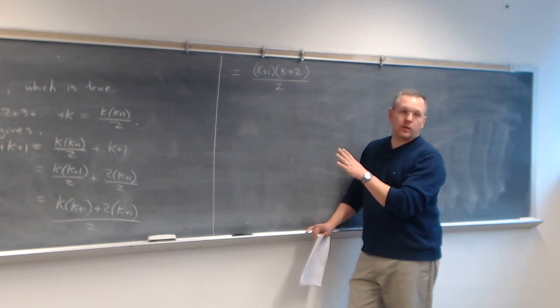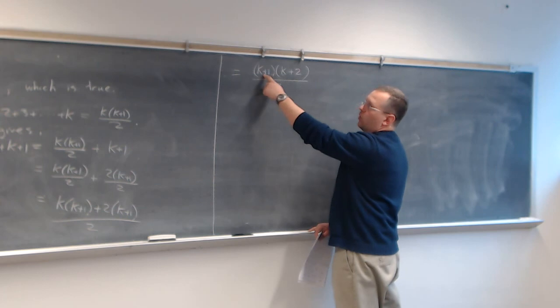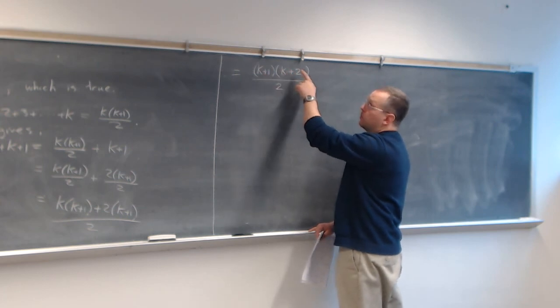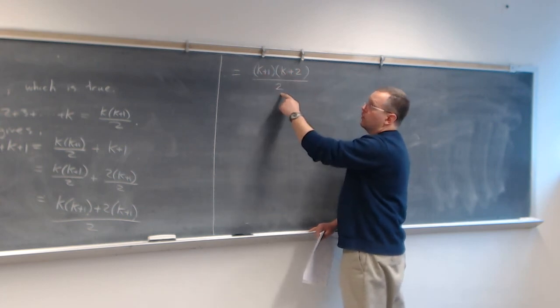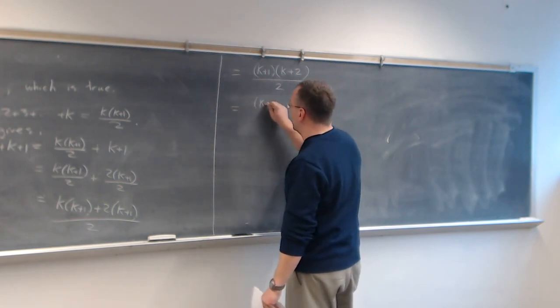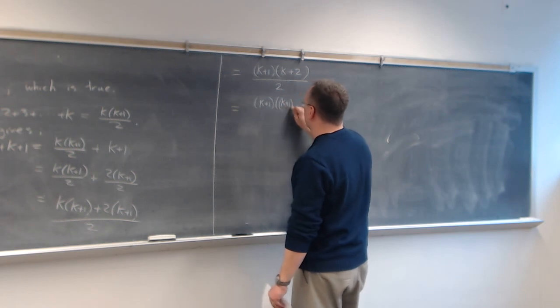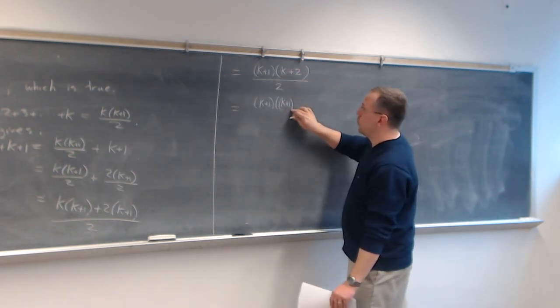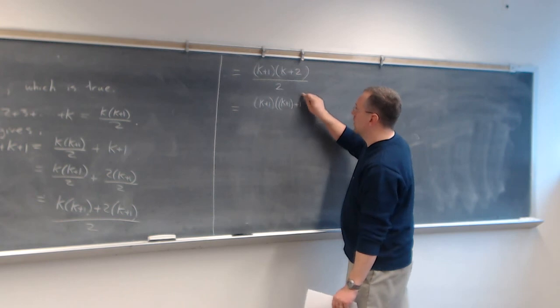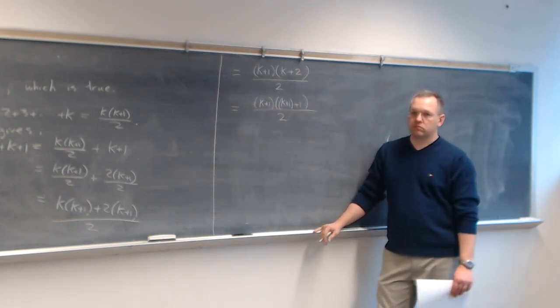That's almost exactly what we need. It does look like k plus 1 times k plus 1 plus 1 over 2, but to have the exact form that I need, I really need one more step. The k plus 2, I'm going to break up as k plus 1 plus 1 all over 2.